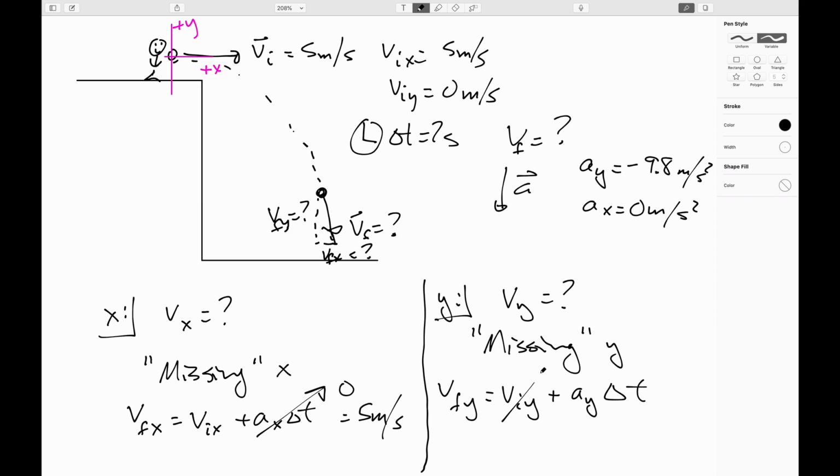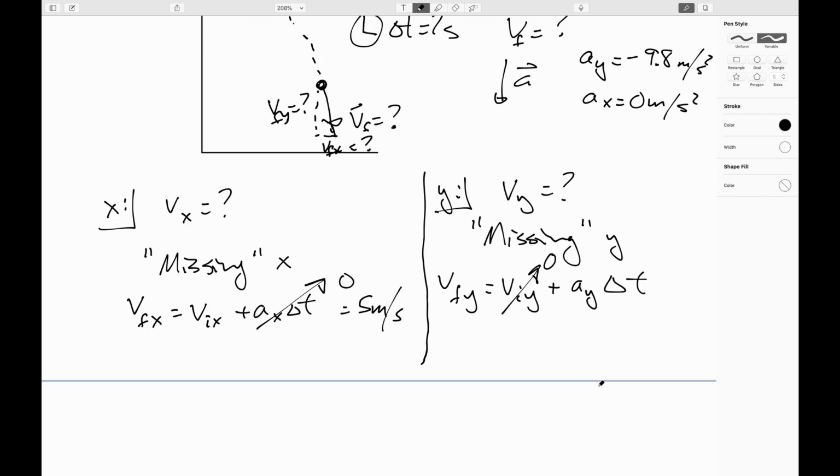Well, since the ball is thrown purely horizontally, V initial y is 0, so we can put that in right away. And then we can put in that a sub y is minus 9.8 meters per second squared times 2 seconds, which will give us negative 19.6 meters per second.